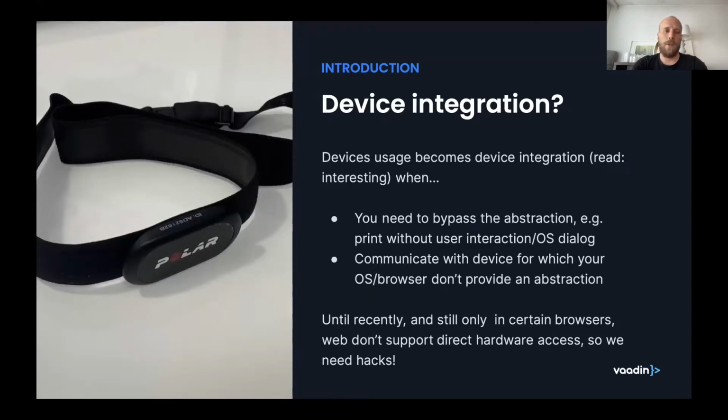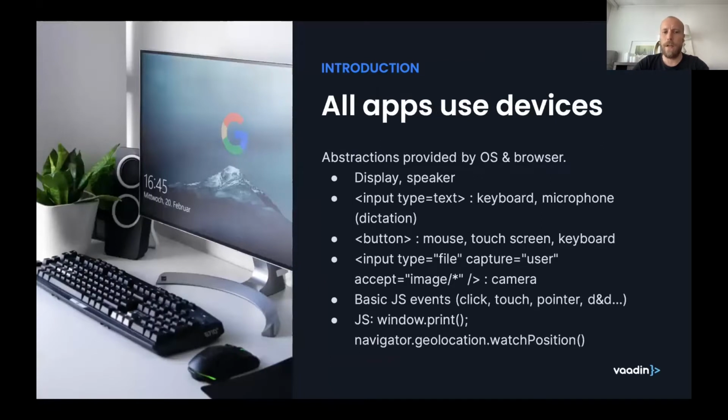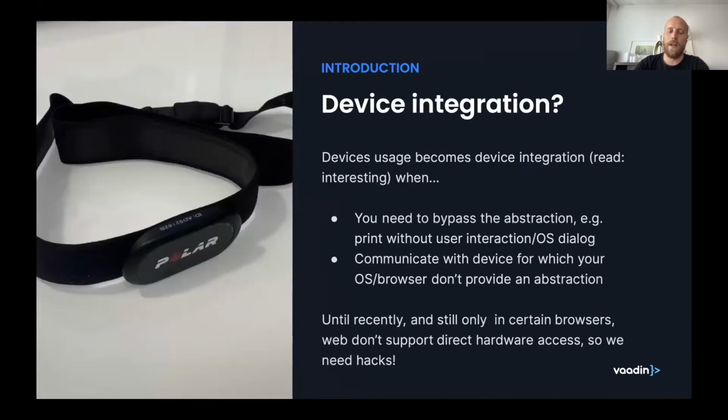Also, sometimes with standard devices like a printer, there is a method called print, which I had in the previous slide, window.print. You can call that JavaScript API from basically any event handler, and it will open the hardware dialog.